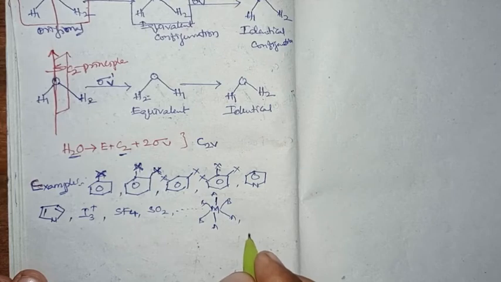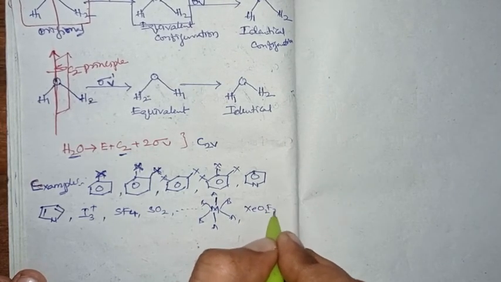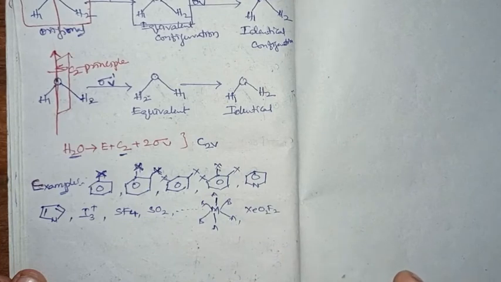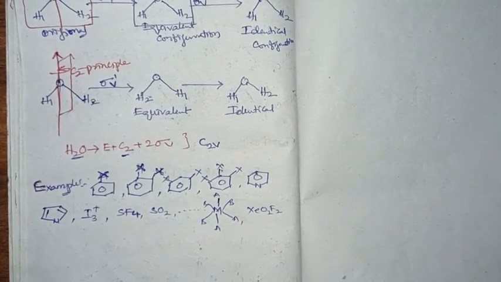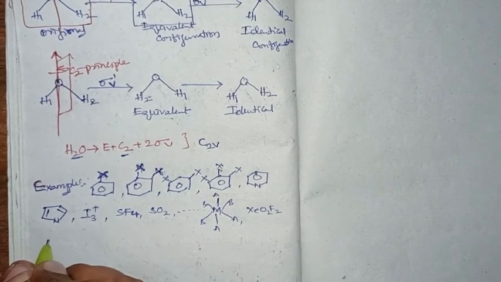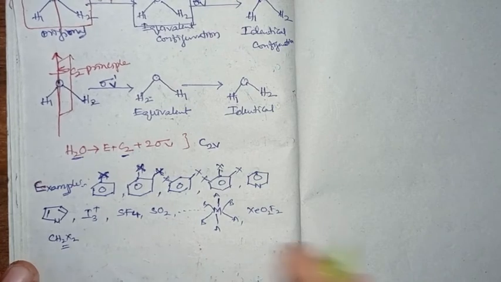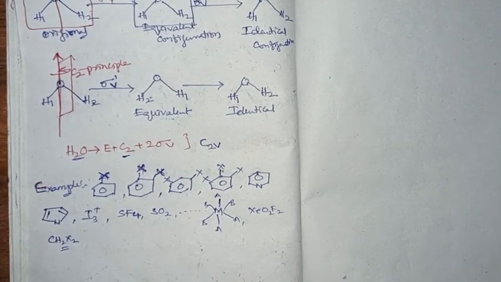This you can also try. And xenon difluorodioxide, that's how multiple examples are there. And 1,2-dihalomethane is also one of the best examples for C2v point group analysis.